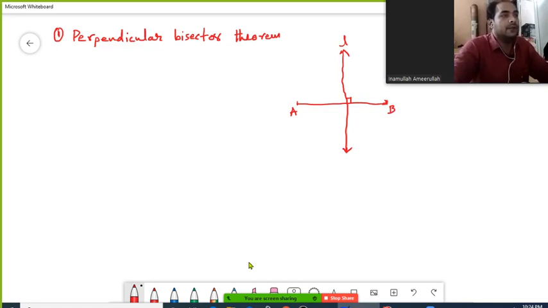So if line L is the perpendicular bisector of AB, then this line L will divide this AB into two equal parts.